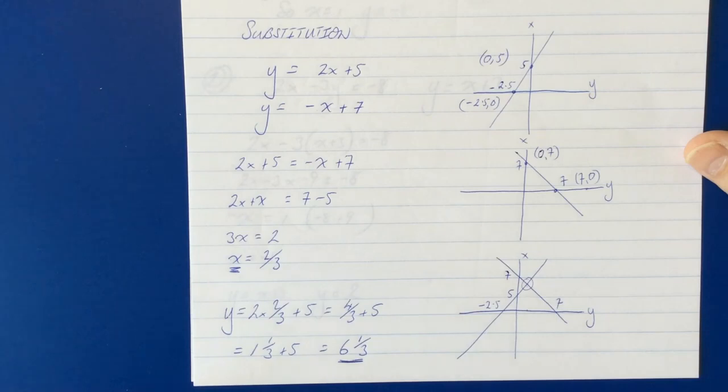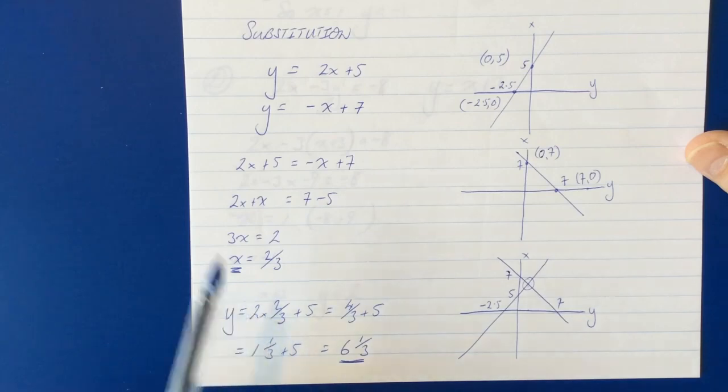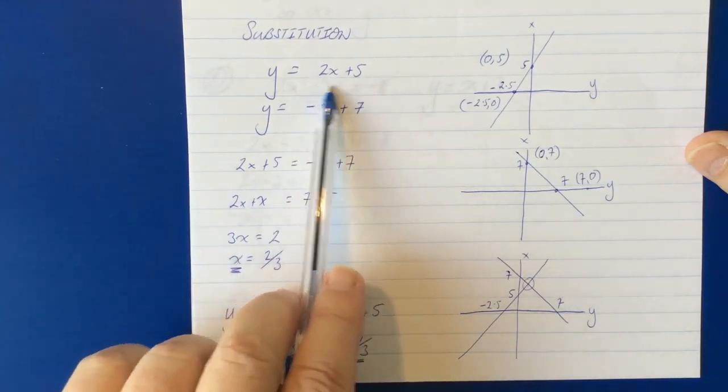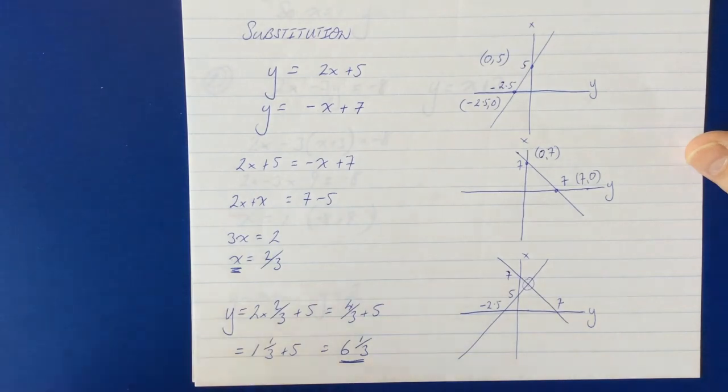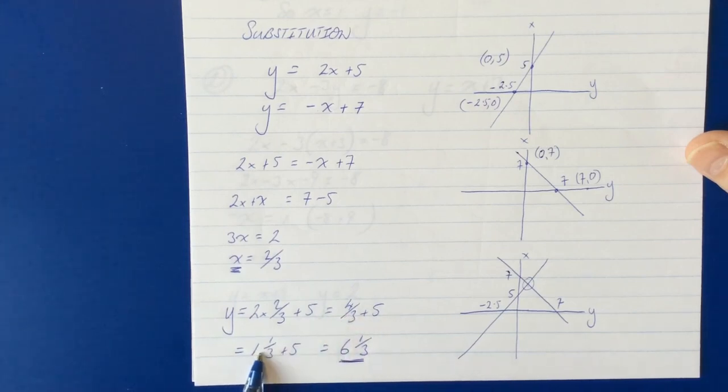Now, the second thing is this. We take this number and we substitute it into one of these equations. I've used this one because it's got positive numbers in it, and I just prefer to deal with positive numbers. So, 2 times the x value, 2 over 3, plus 5: 2 times 2 over 3 gives us 4 over 3, that is 1 and 1/3, plus 5, which gives us 6 and 1/3.